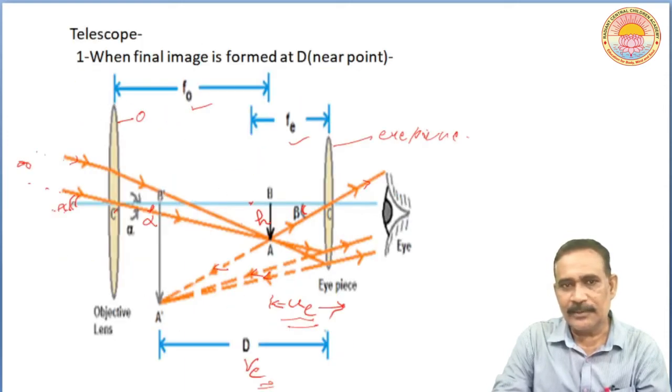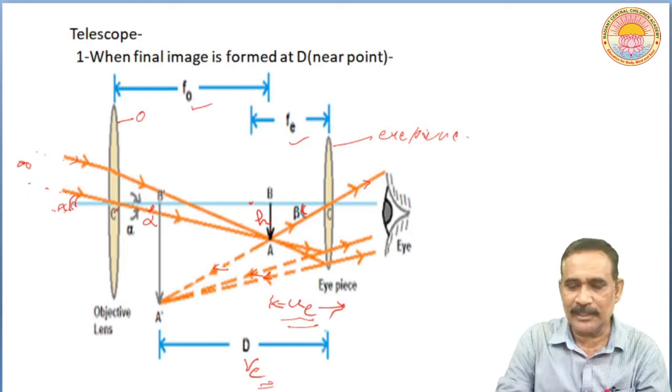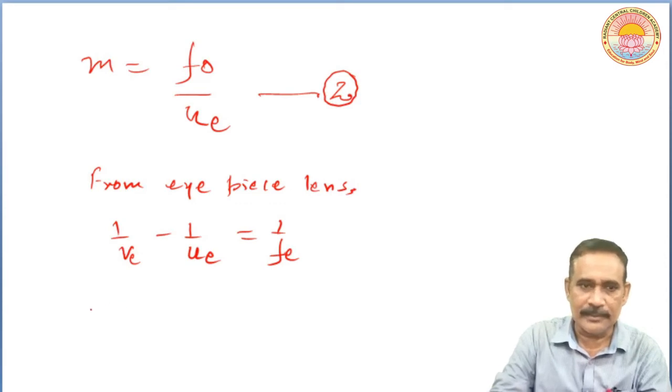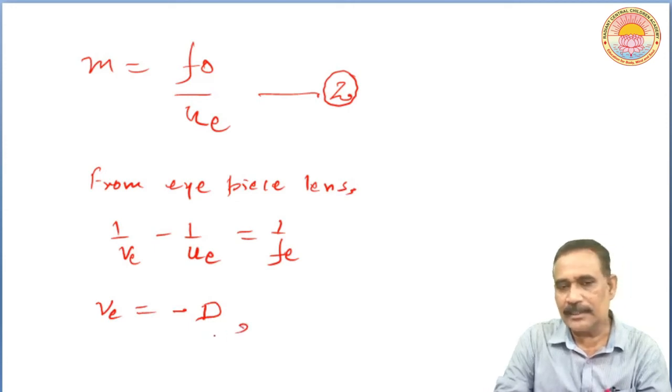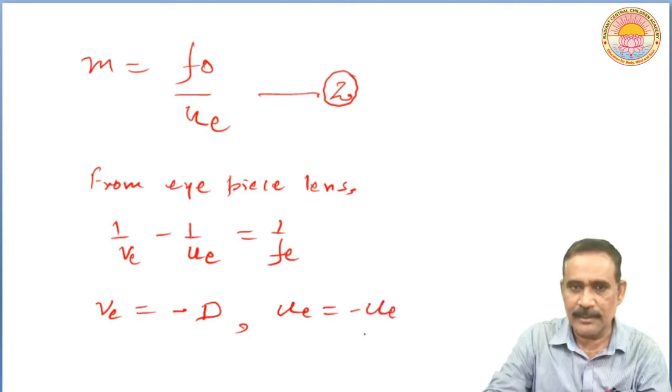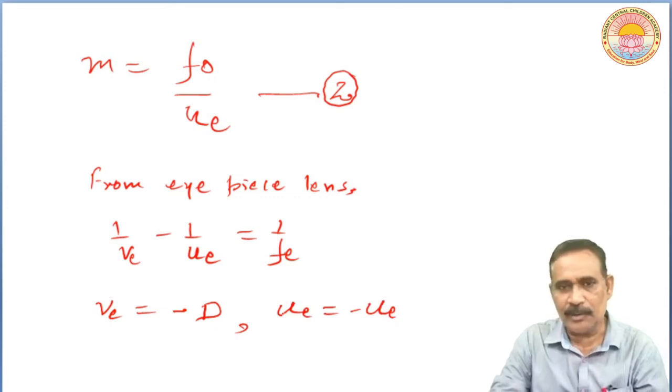VE is D, but it is on the left side of the eyepiece, so it will be negative. So VE equal to minus D, and UE, the object distance, is also on the left side of the eyepiece lens, so it is equal to minus UE, and FE will be positive.